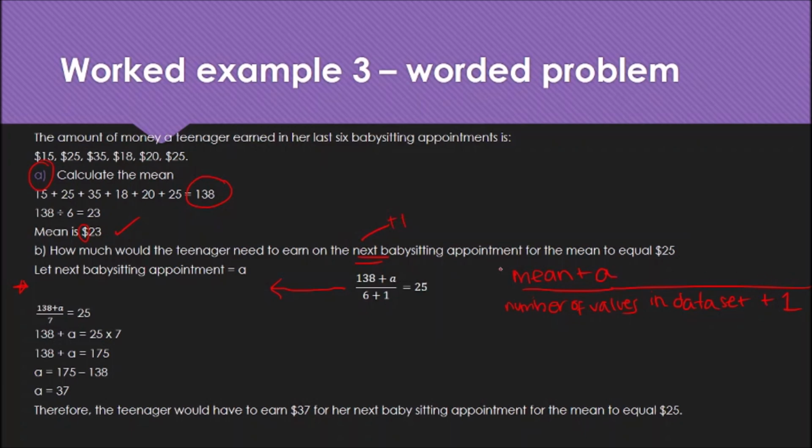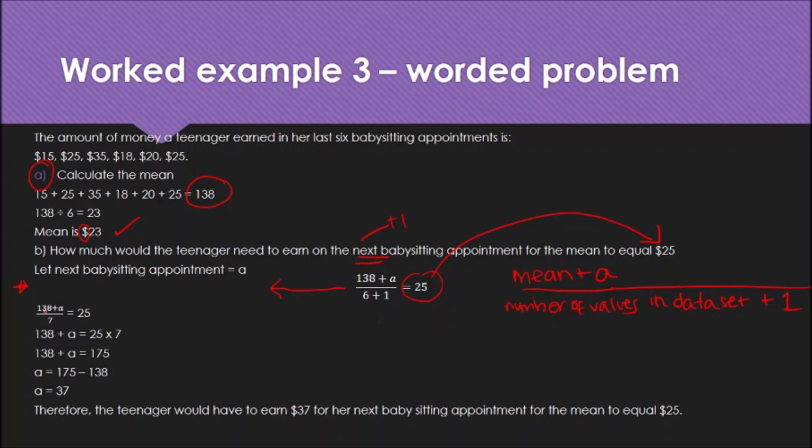That equals comes from the fact the question wants you to equal that. So that's the equation of how I got that. So it's good to keep this in mind if you want to find future data sets.